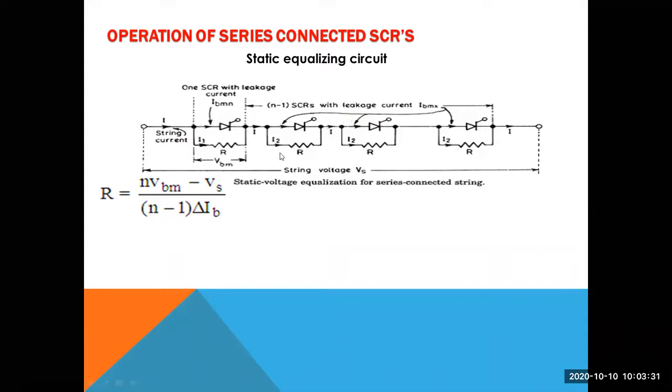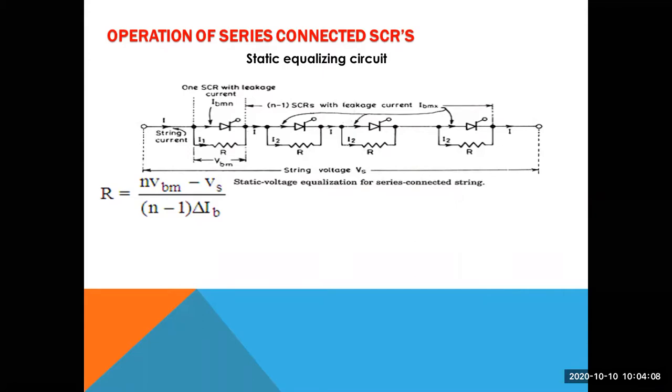If we connect different SCRs, we need to calculate R1, R2, R3 related to the corresponding leakage currents of each SCR. This is the practical case. In practice, they do not calculate each and every resistance. If you use 100 SCRs connected in series, they do not calculate R1, R2 up to 100. They consider only the optimum value opted for these 100 connected SCRs.